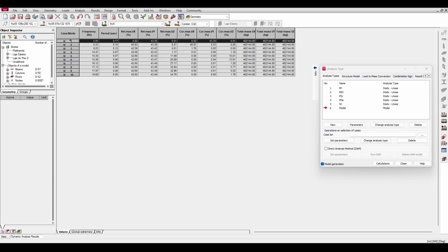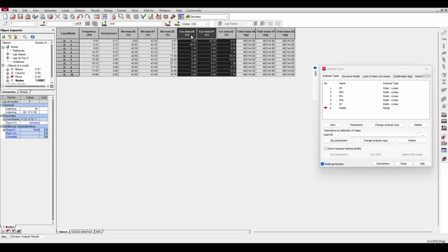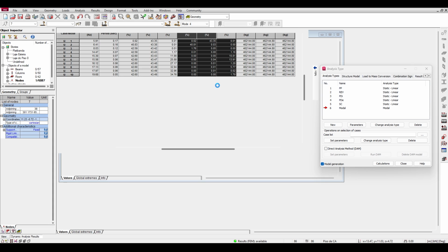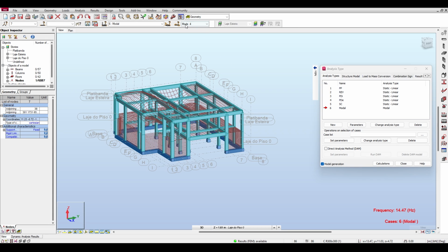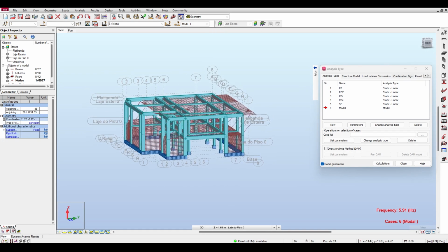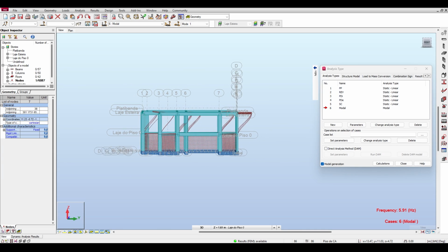Now, for mode 1, those 3 columns measure how much mode 1 vibrates in each direction. Allow me to explain. Mode 1, if you go back, vibrates dominantly in the Y direction, if you remember. Let me show it to you. Mode 1 vibrates dominantly in the Y direction.